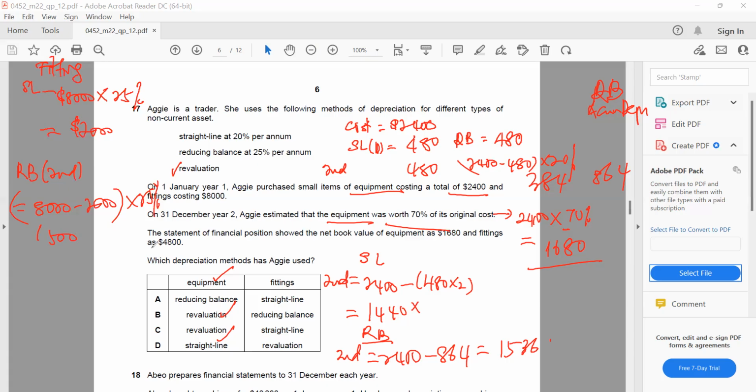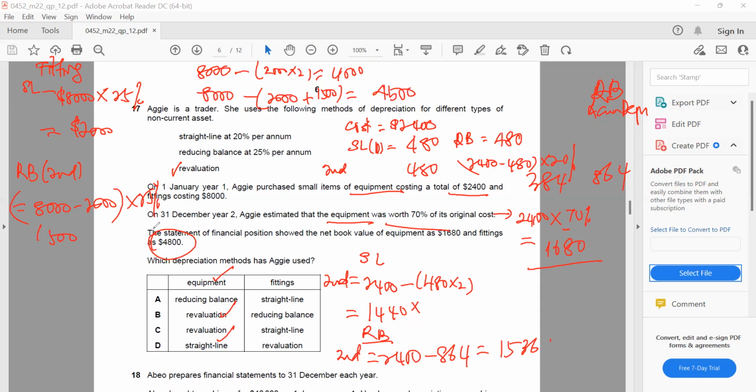So this is the amount I have. And then second year, fitting is left with the 4,500. So 8,000 minus straight line, I will get 4,000. If I use reducing balance, 2,000 plus 1,500, so 8,000 minus 3,500, I get 4,500.